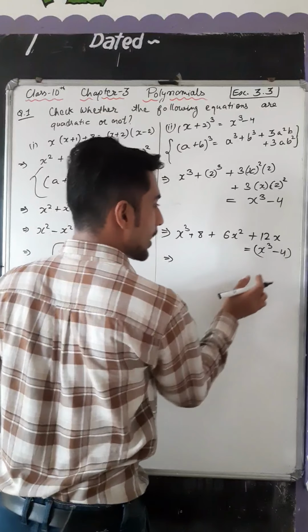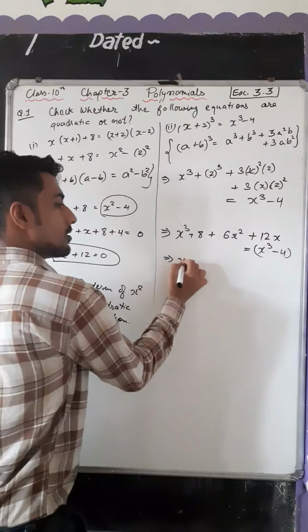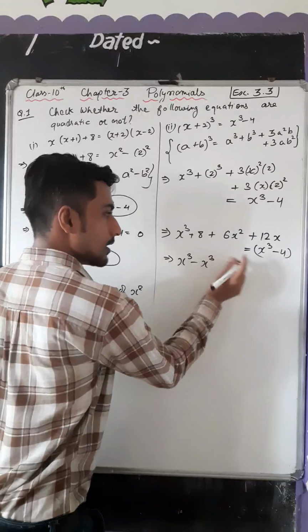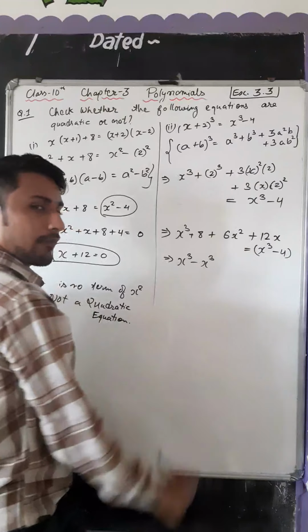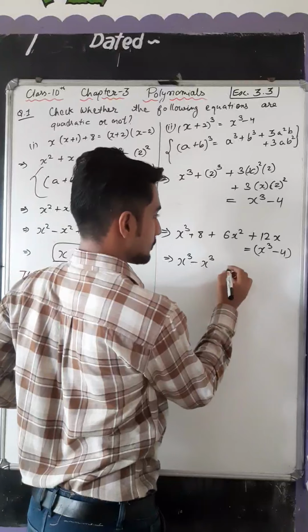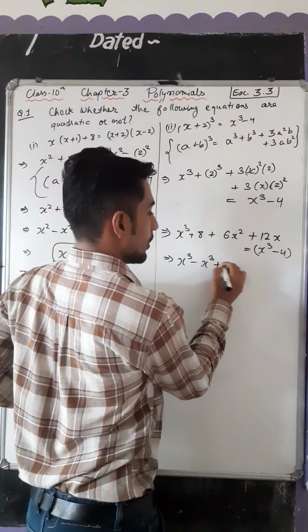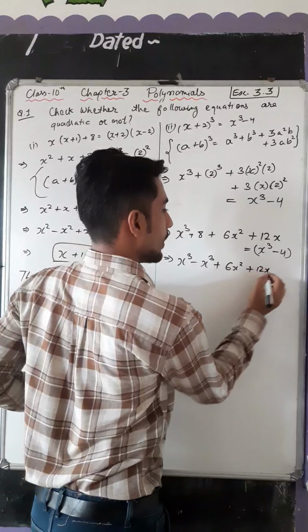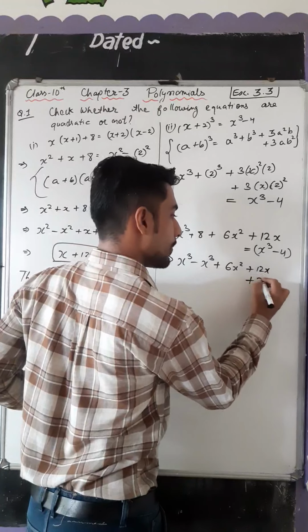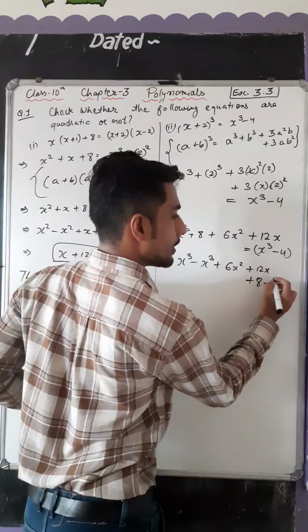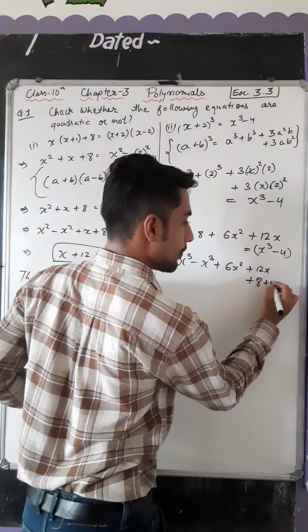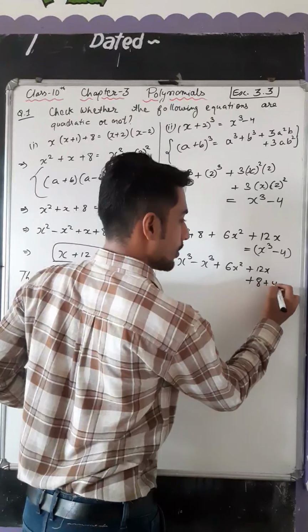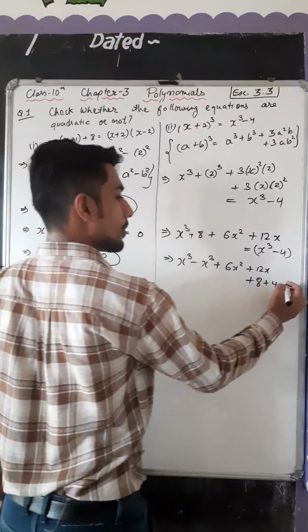Transpose this x cube minus 4 to the left side. So we get x cube minus x cube, which will become 0, and write 6x square first, then 12x, and then plus 8, and at the last minus 4 will become plus 4.